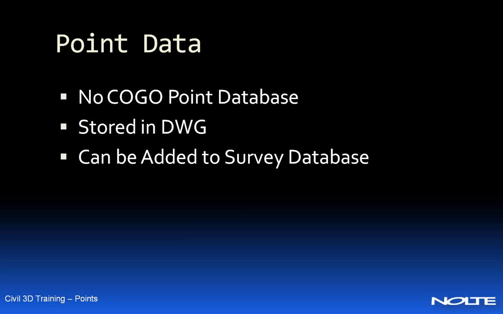In that presentation, we will introduce you to the survey database functions within Civil 3D, and that is a database file that I can connect to multiple drawings, similar to what we're used to in Land Desktop, and I can use that as a way to manage and exchange point data. But for today, we're not going to go into that level. We're going to look mainly at the drawing file and bringing the point data into the drawing. So I just want to make you aware of those items.